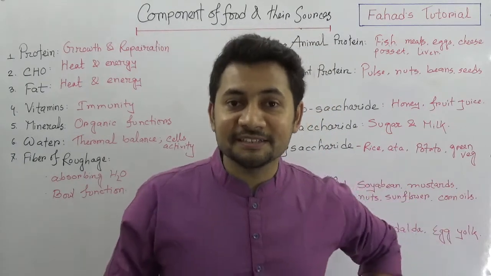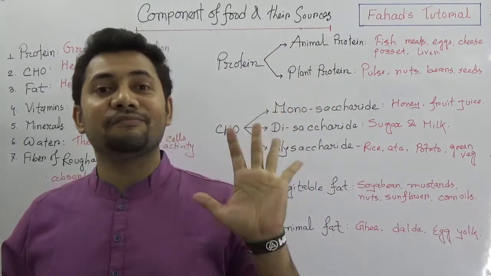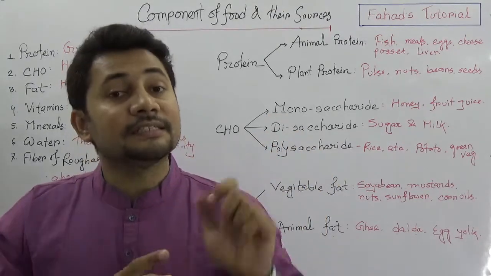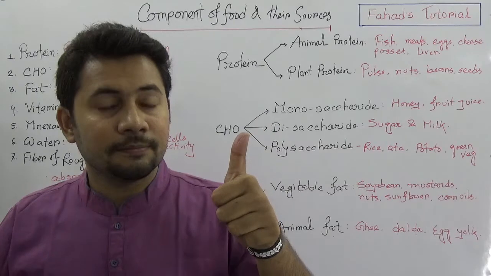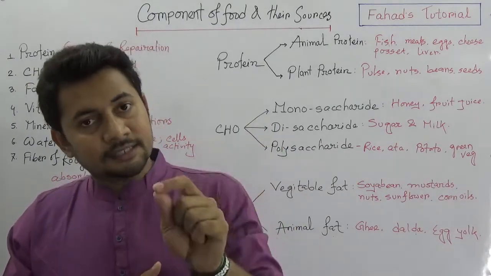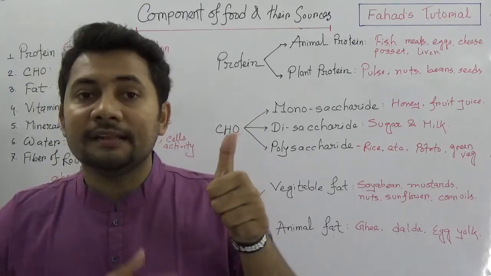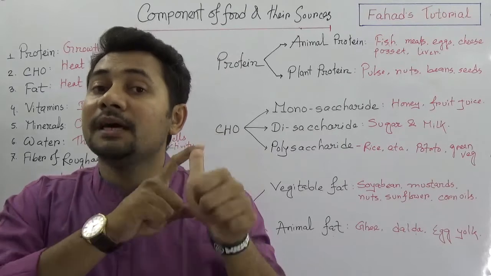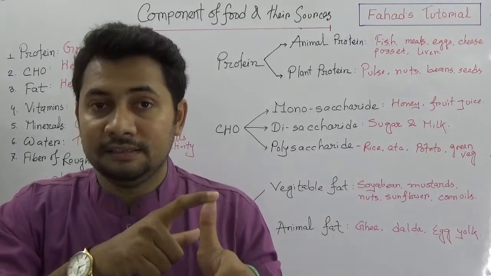So in stating the definition of food, we need to think about 5 things. Food is the substance that is digested within the body and absorbed within the body. Then when it is digested and absorbed in the body, it must help repair the body.